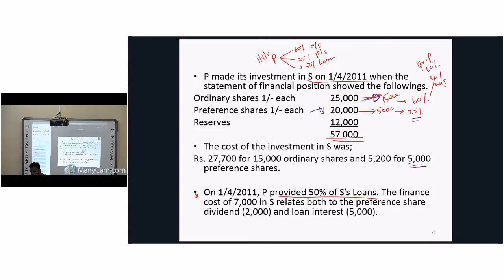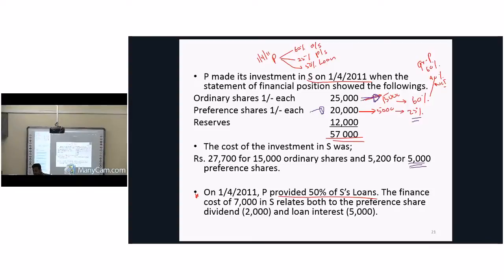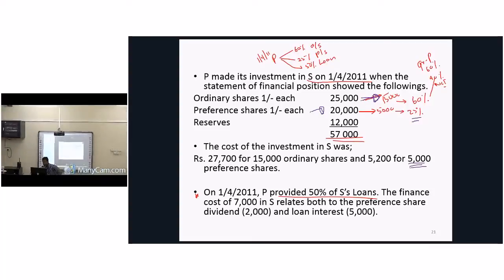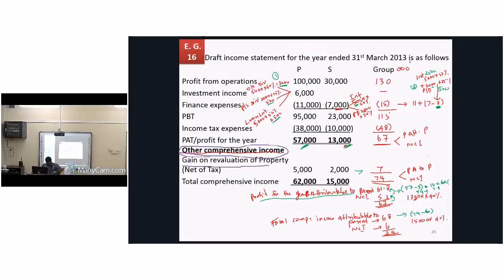The finance cost of 7,000 in S relates to both the preference share dividend of 2,000 and loan interest of 5,000. Look here, there is a finance cost of 7,000.